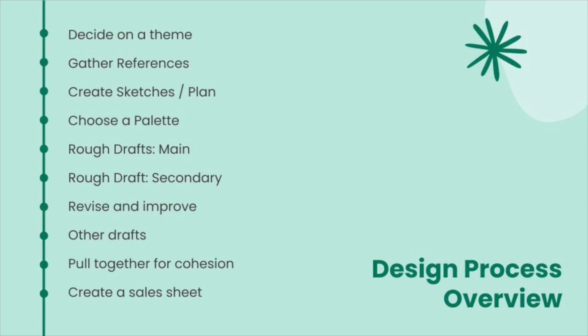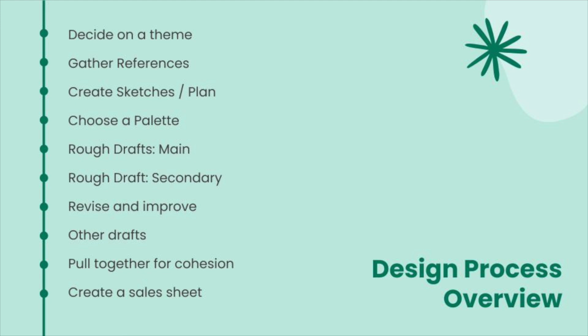So here's a look at my design process overview. This is something I go into way more detail in Successful Licensing Collections, but essentially, before I create every design collection for my licensing portfolio, these are the general steps.